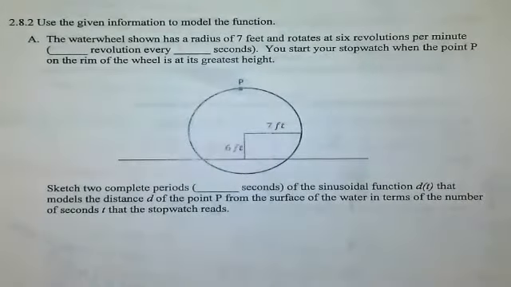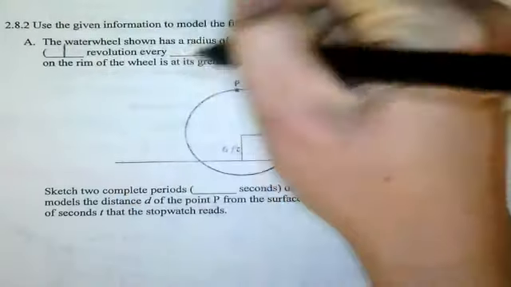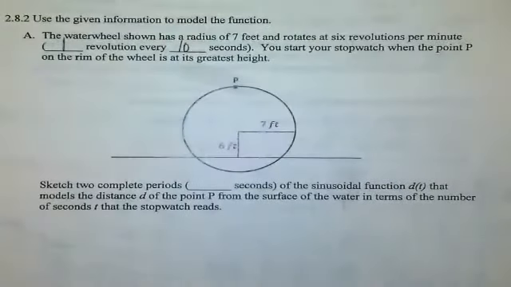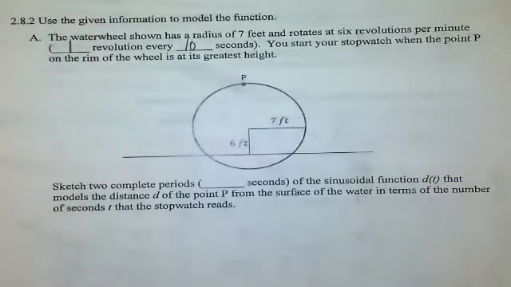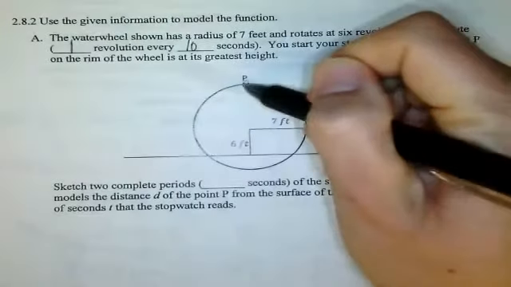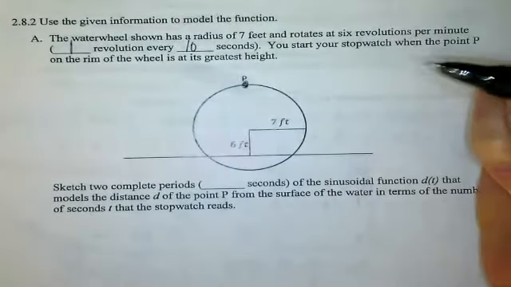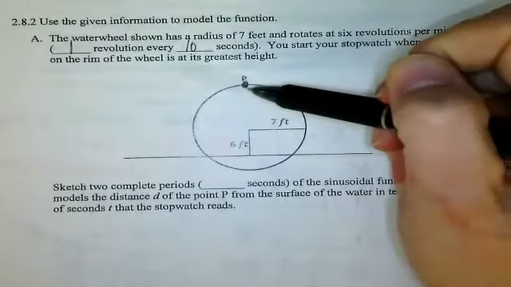All right. The water wheel shown has a radius of 7 feet and rotates at 6 revolutions per minute. One revolution every 10 seconds. Very good. Okay. So you start your stopwatch when the point P, so this point right here on the rim of the wheel, is at its greatest height.